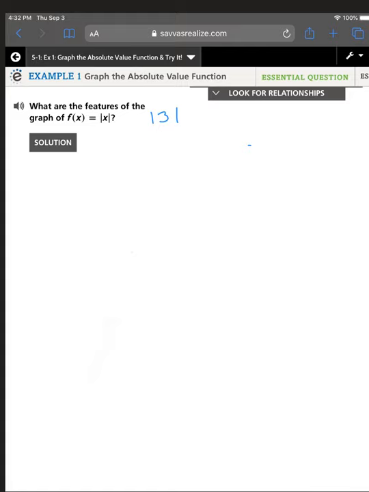Well, the absolute value is your distance from 0. So you want to write this down. Okay? So that is what the absolute value is.